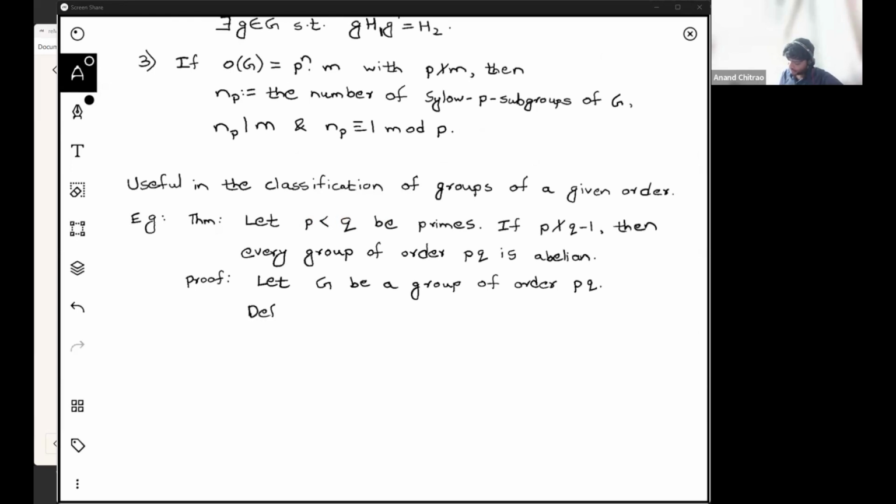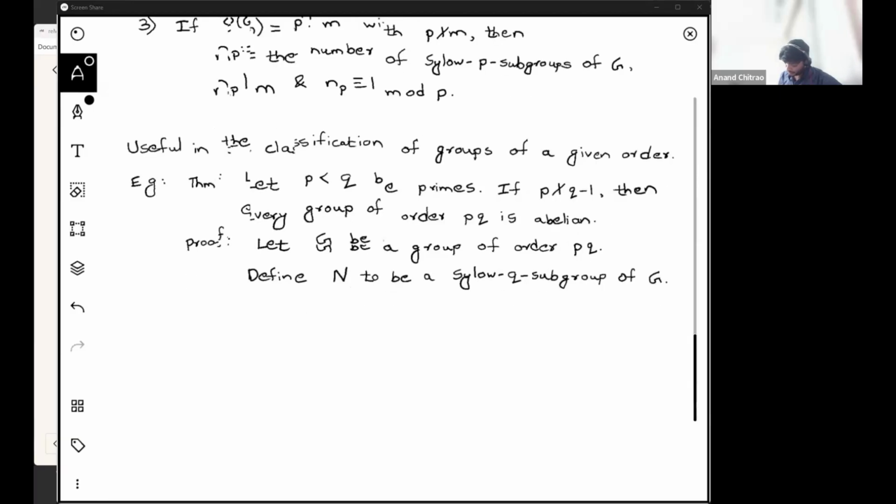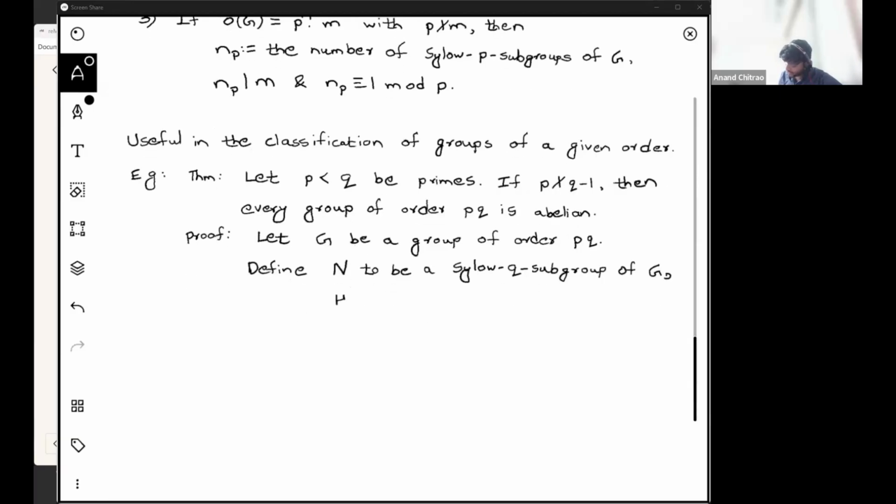Define N, capital N, to be a Sylow Q subgroup of G, and H to be a Sylow P subgroup of G. Now tell me, how many Sylow Q subgroups are there?